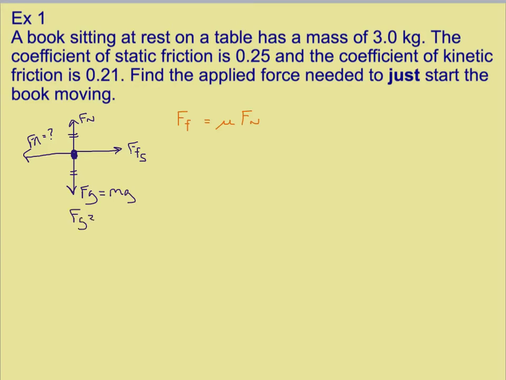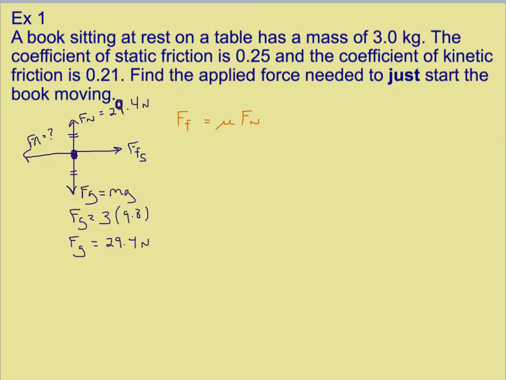The mass of this book is 3 kilograms. G, as always on Earth, 9.8. Fg is 29.4 newtons. And again, if Fg is 29.4, Fn is also 29.4 newtons. There we go.